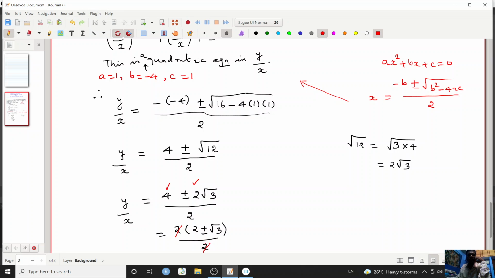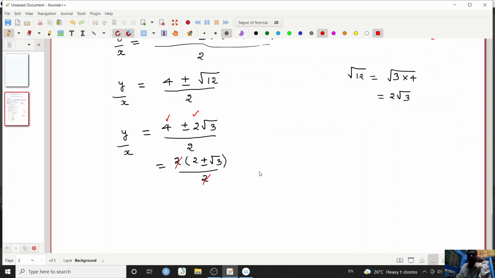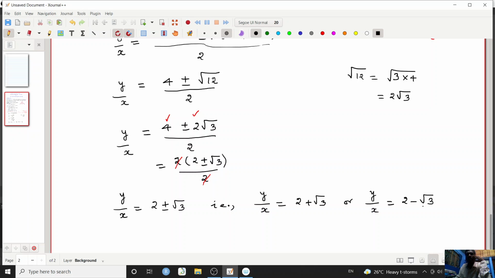You will be left with y over x is equal to 2 ± √3. So y over x is equal to 2 + √3, or y upon x is equal to 2 − √3.